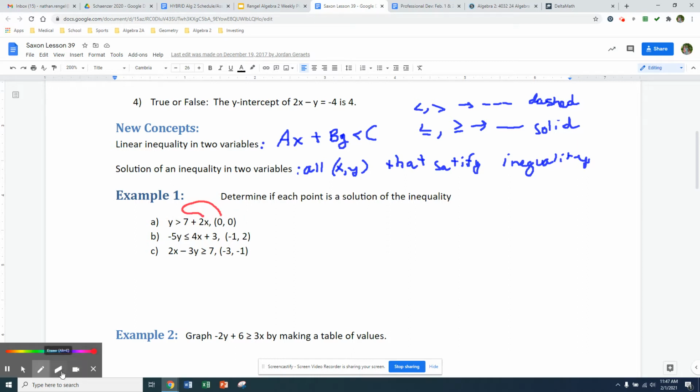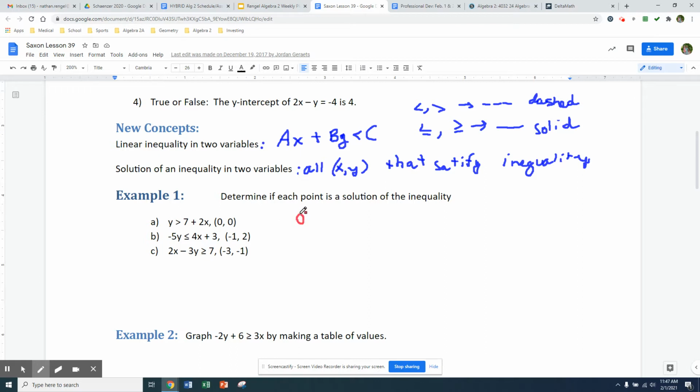There's your x is 0 and your y is 0. So what we're going to do is take those values, put the 0 in for x, put the 0 in for y, and check to see if the inequality is still true. So this one will end up being pretty simple. Working with 0 is nice, and we'll talk about how (0, 0) can be used as a test point when we start graphing these.